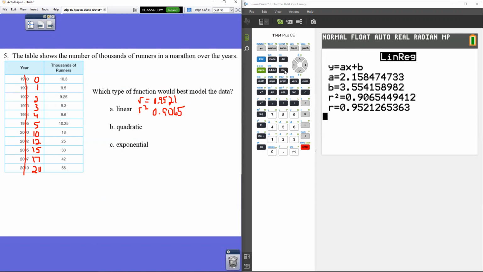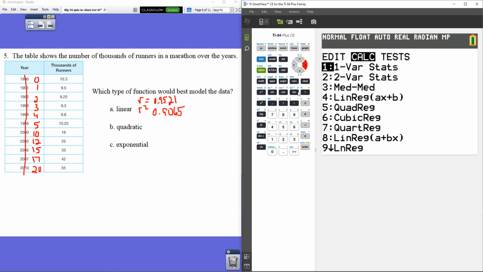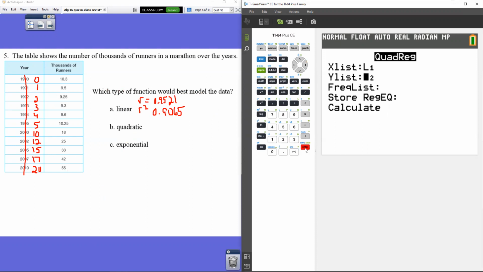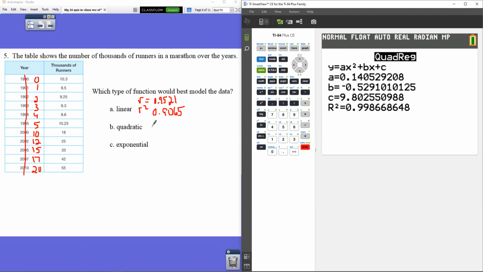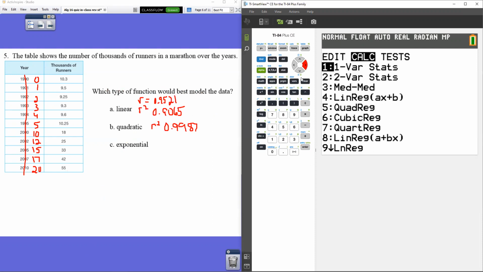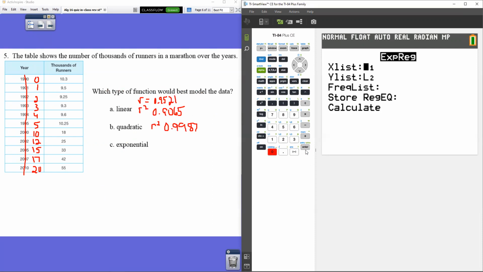For quadratic, stat calc, number 5. We get an R squared value of 0.9986, or 0.9987 if we round to the nearest 10,000th. Stat calc, number 0 for the exponential regression.